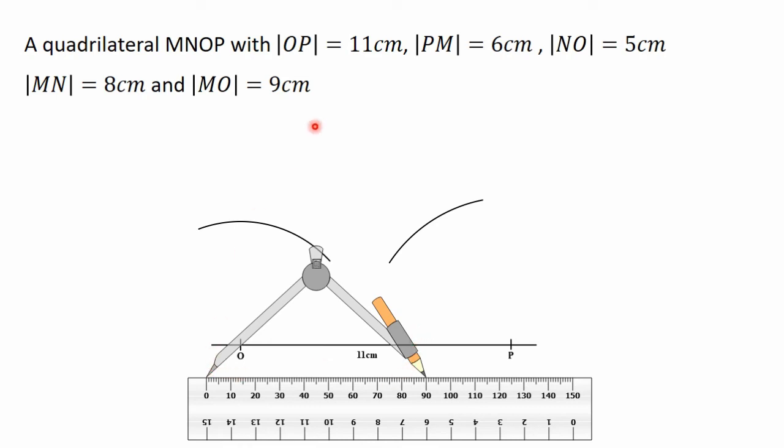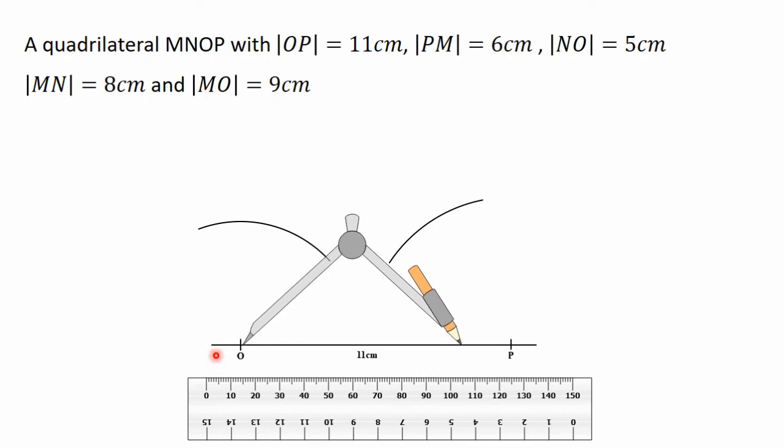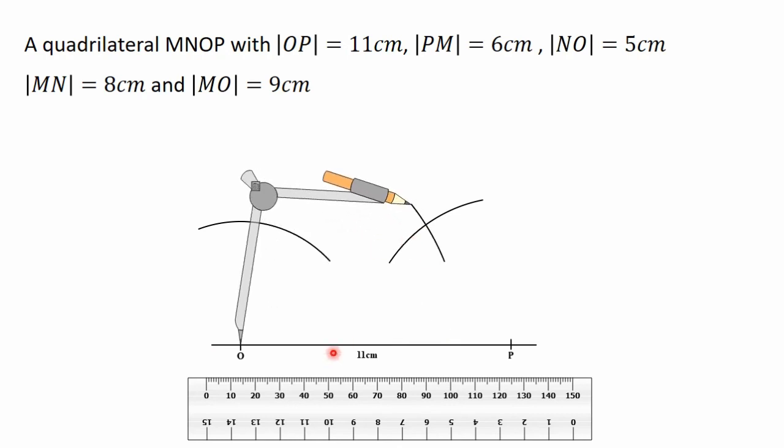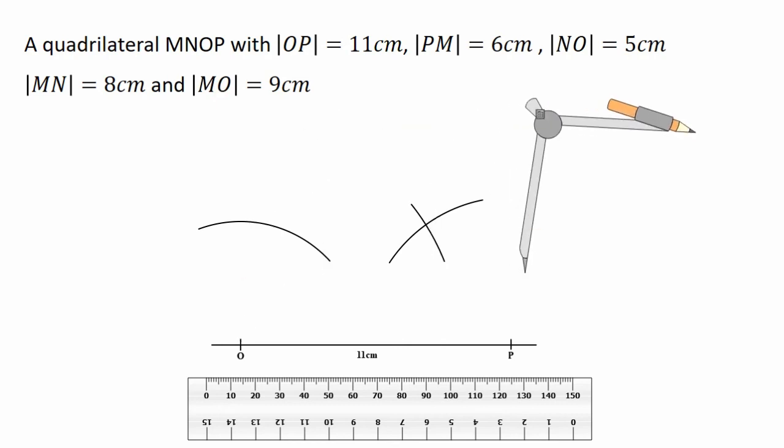Now, after we are done, you move the needle of the compass to point O, then you turn it and you construct an arc to intersect this arc here. The point of intersection of these two arcs will give us point M. I'm going to clean some parts of the arc so that you can see it clearly. So we have point M here.